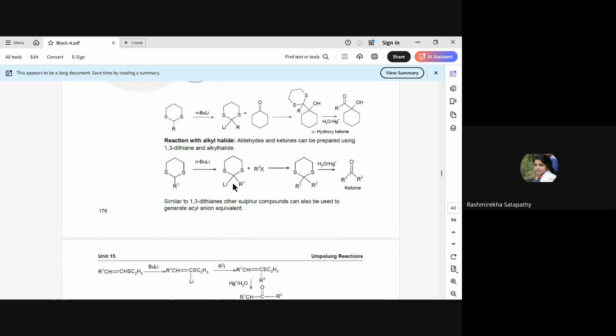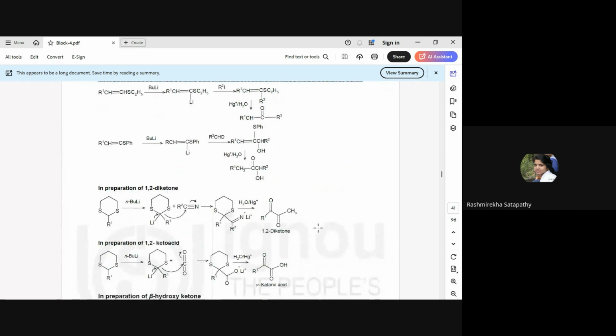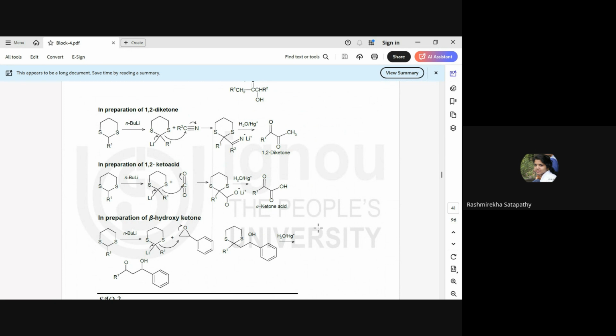Reactions with alkyl halides. Aldehydes and ketones can be prepared using 1,3-dithiene and alkyl halides. The dithiene reacts similarly, and this ketone compound is formed. In the preparation of 1,2-diketones, in the presence of butyl lithium, the lithium atom is attached here.